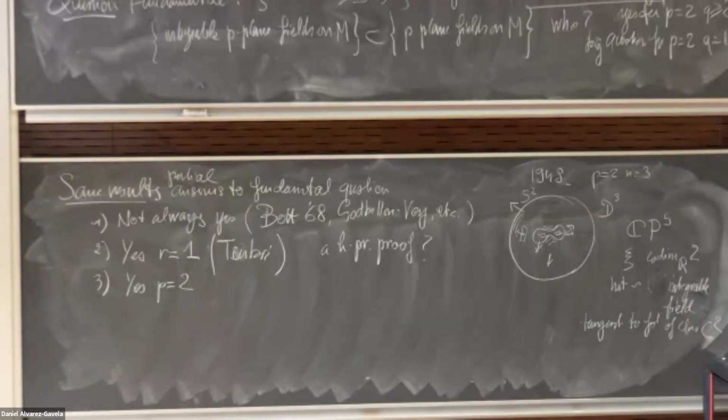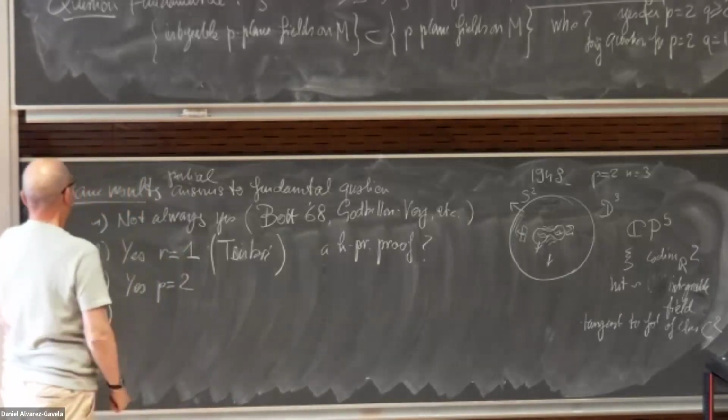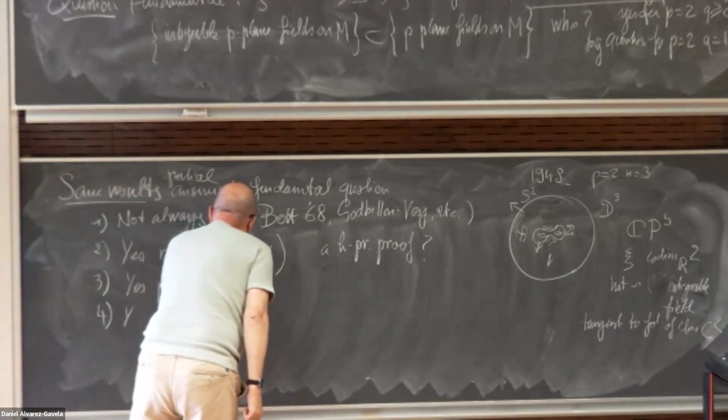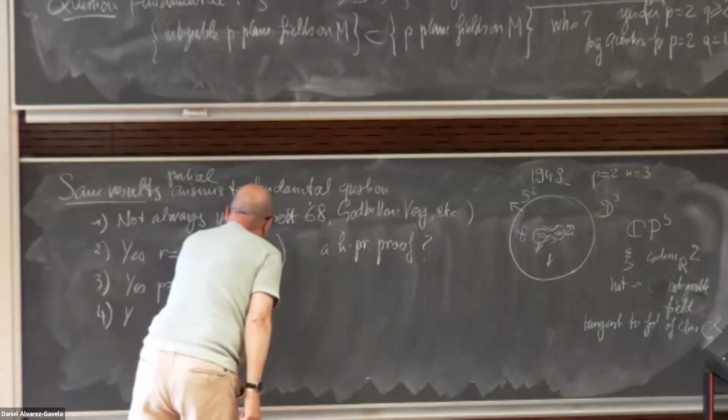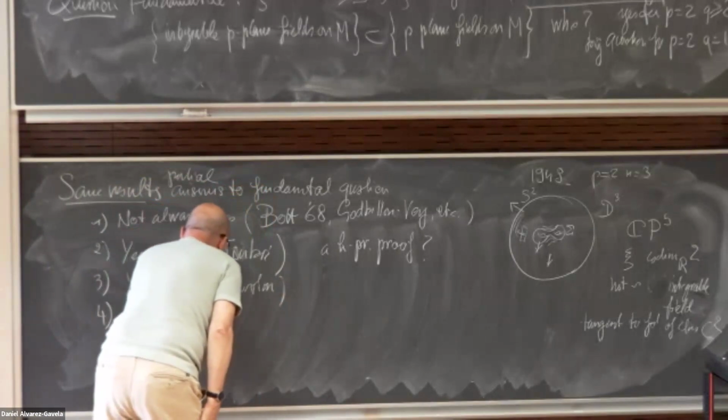This is one of the reasons why people developed, very early in the 70s, the Lipschitz theory of foliations, because C0 is very bad. Lipschitz: always yes. So this is the first term. Always yes if q equals 1, first term.